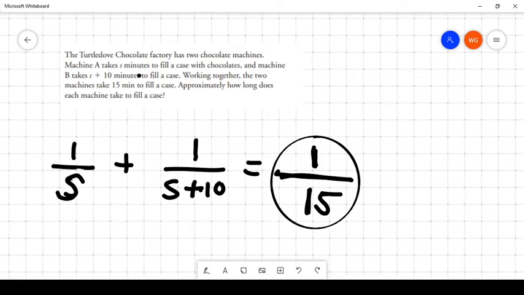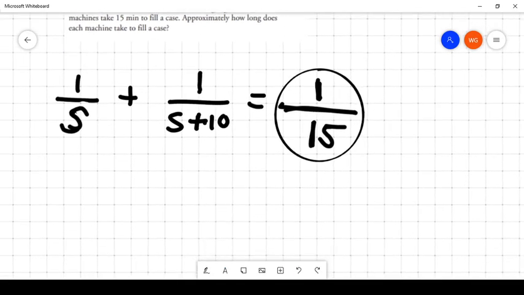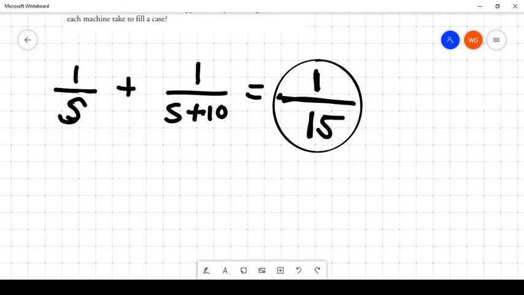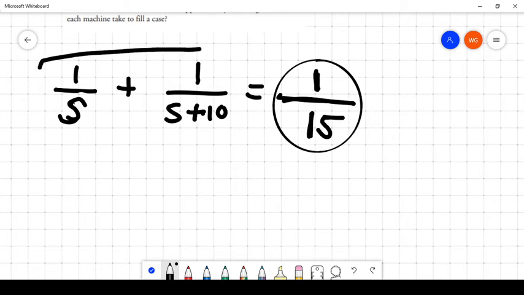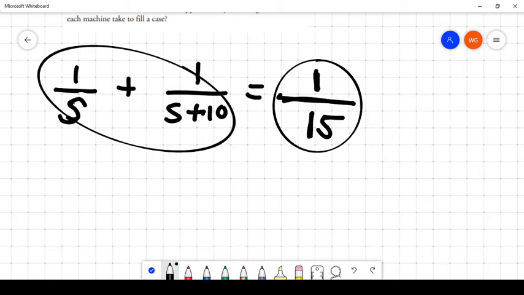So with that being said, we now can go ahead and solve this equation. But what we need is a rational common denominator. And so what we'll do is we will do the following. We will realize that we're going to combine things together, and the common denominator in this case can be figured out in a couple of ways, but maybe a better way to do this is just to combine these two together and set them equal to 1/15.